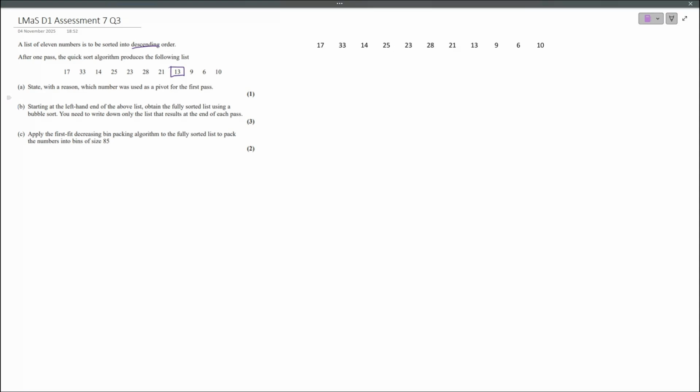So looking at the mark scheme and seeing what it says, the number 13 was used as a pivot in the first pass as all numbers greater than 13 are on the left, and all numbers less than 13 are on the right.